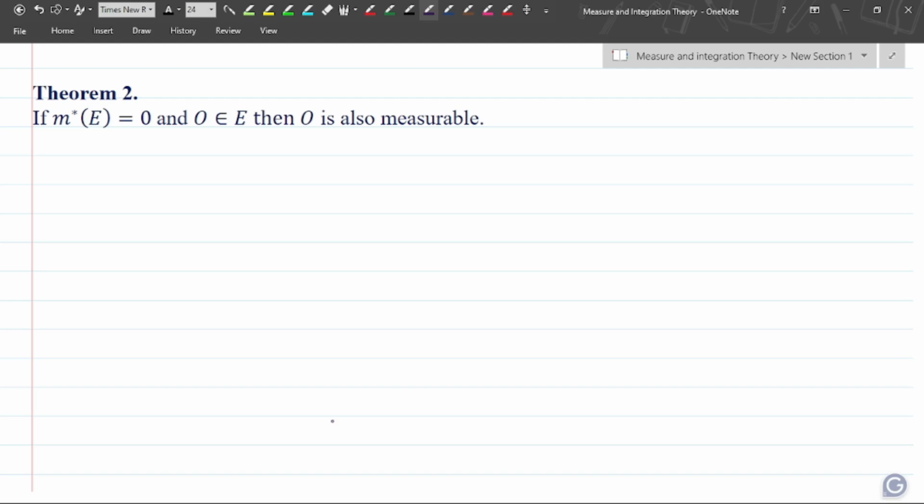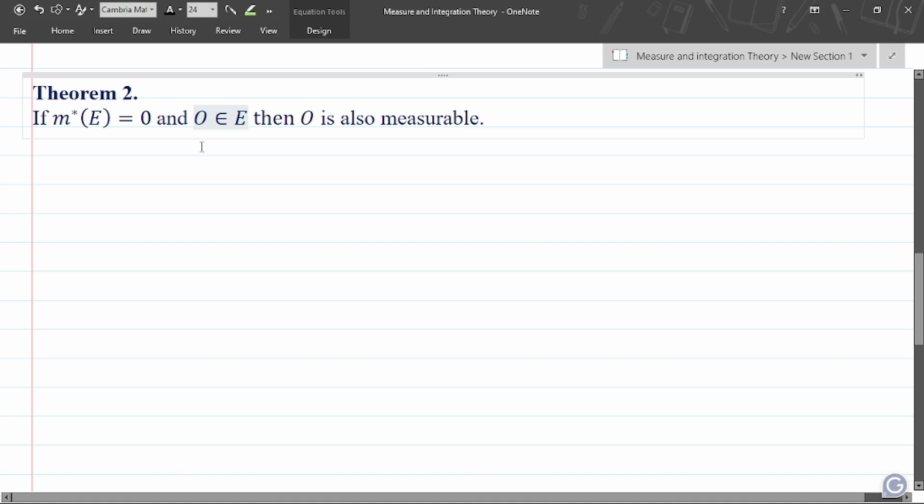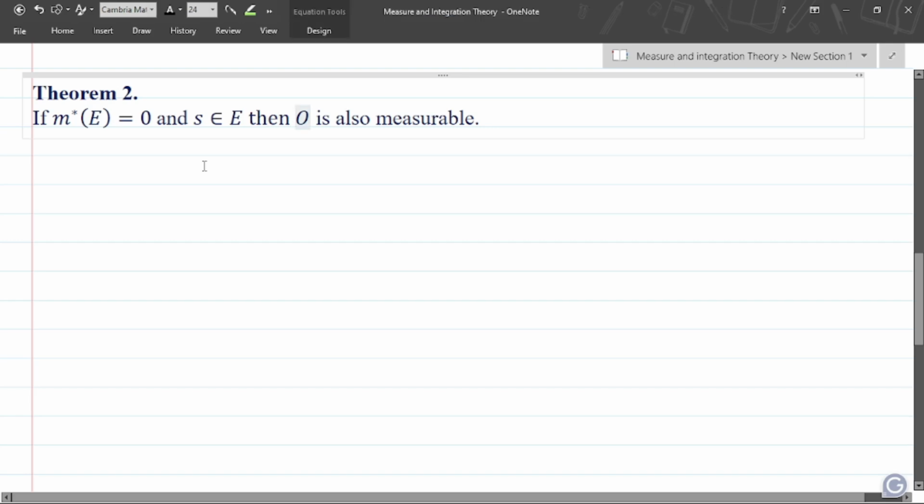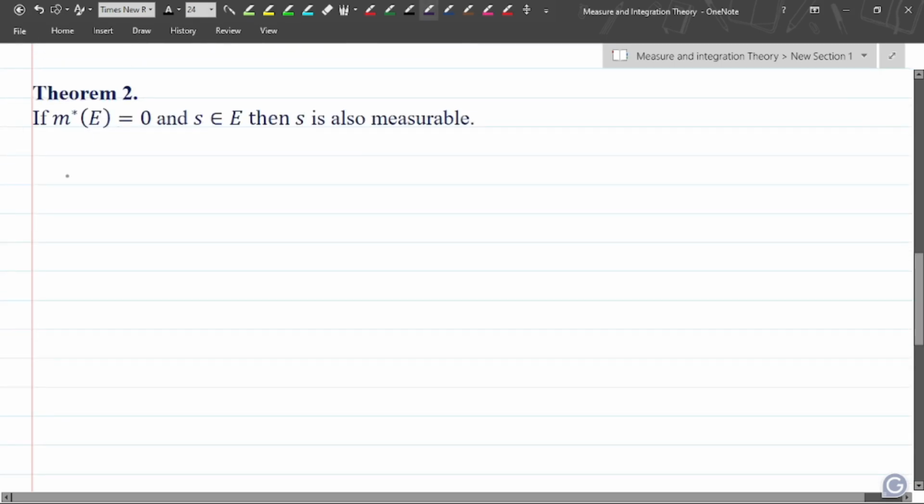Now let's take S instead of O. So the theorem is that S is also measurable, since S is a subset of E and E is measurable.